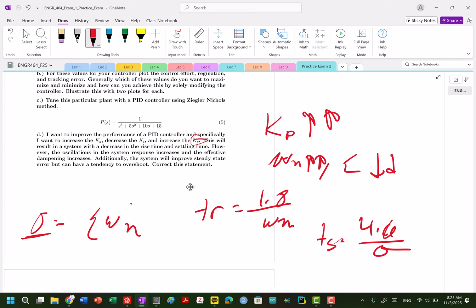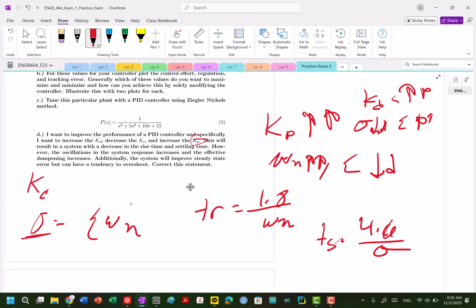Now, what happens if I increase KD? We know that KD effectively shifts those poles. KD effectively increases my damping, so my damping ratio increases, I have more damping, and I get a shift. My omega n is unchanged, and my poles' sigma will move to the left, or they get smaller.